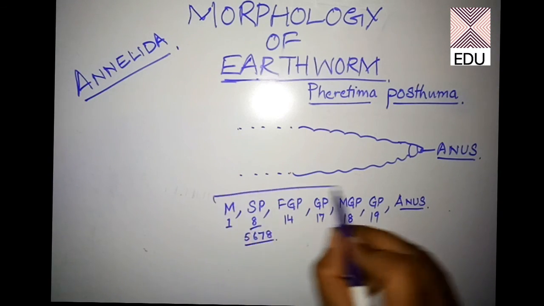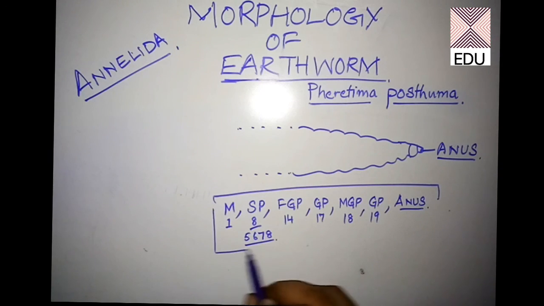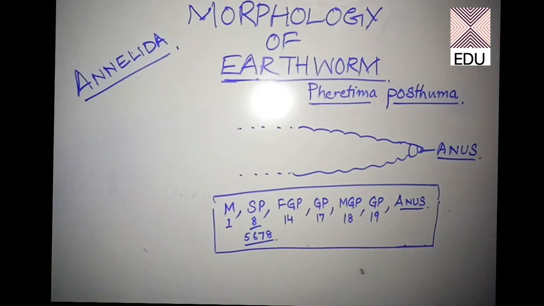These are the pores present on the body of the earthworm, also called the morphological pores. You should know about these pores whenever you get a question on the morphology of earthworm.